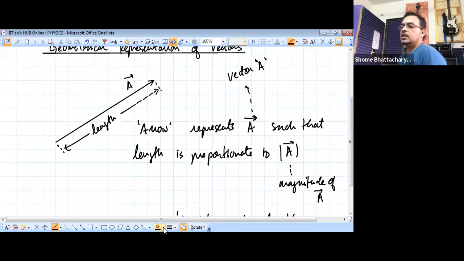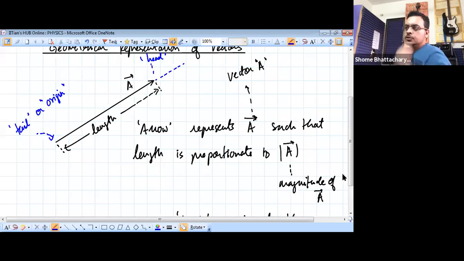The arrow consists of what we call an arrow head. It points in a particular direction, so that becomes the direction in which the vector is acting. Whereas where the arrow starts from is called the tail of the vector, or the origin of the vector. That one is called the head of the vector. So that's how we represent vectors geometrically.